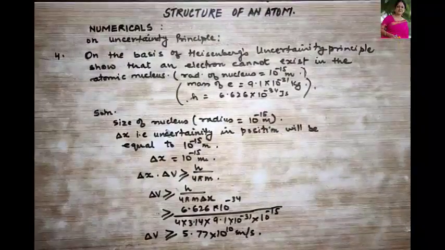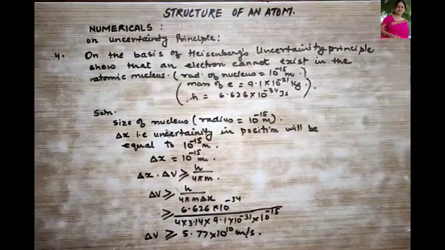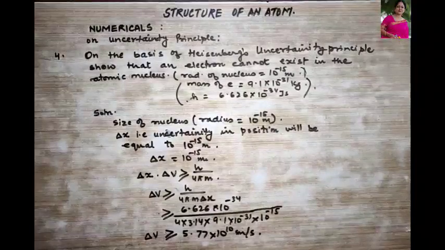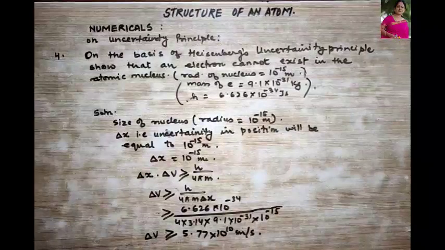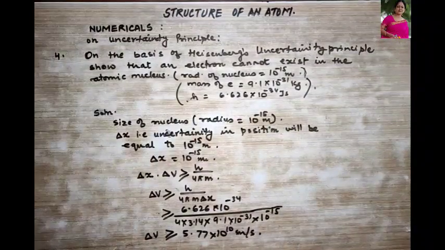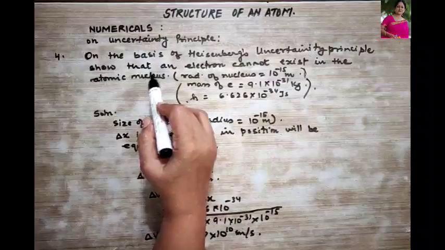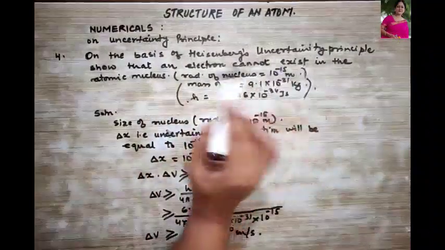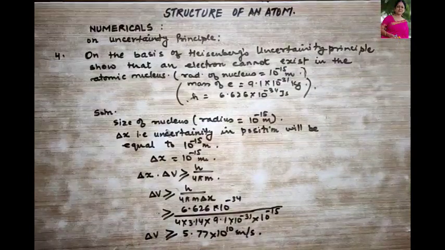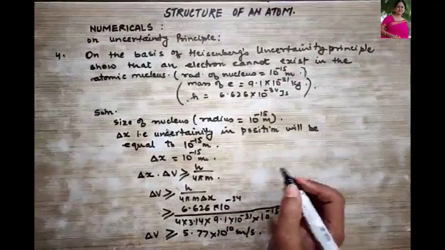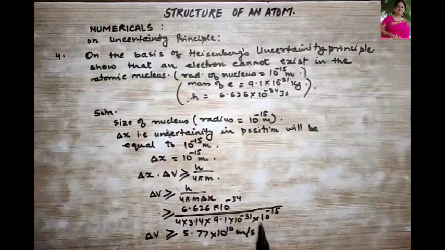So is it possible for an electron to reside in the nucleus whose velocity is 5.77 into 10 to the power 10, which is much more than the velocity of the light? No. Therefore, we can say that an electron cannot exist in the atomic nucleus. I hope this is very clear to you. So, I'll write it down over here.